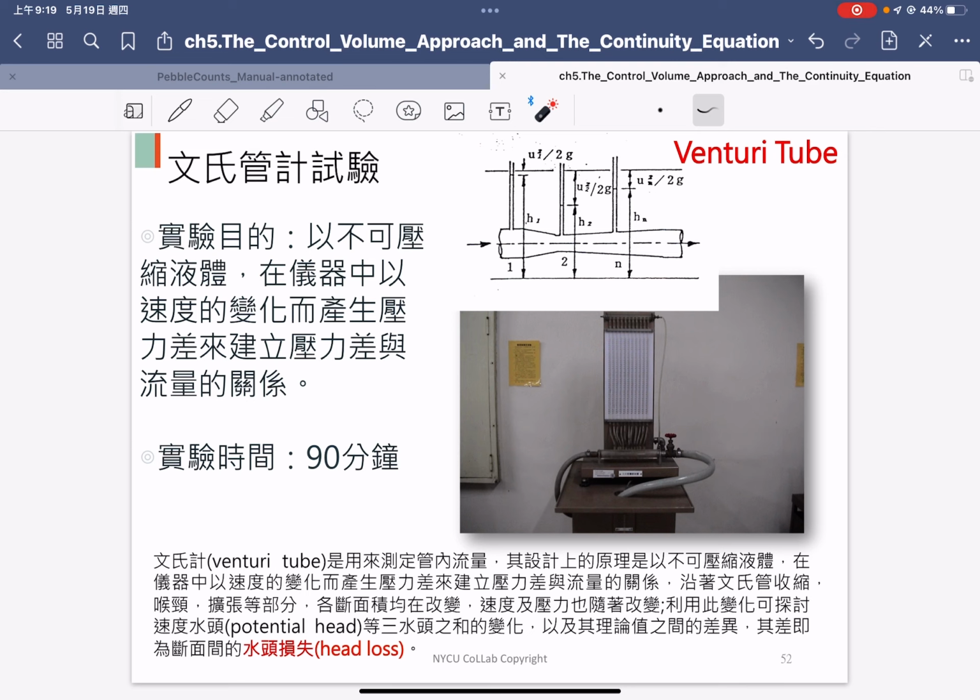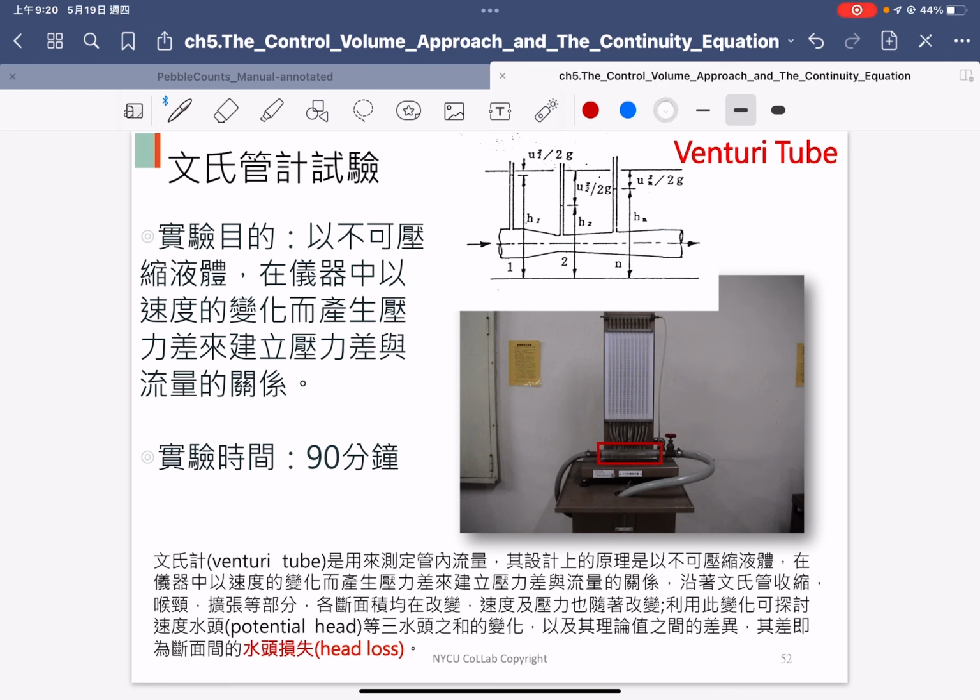Okay, so next semester we have the fluid laboratory experiment related to the Venturi tube. As you can see, you have the Venturi pipe here. So I change the color pen. So you have the pipe, and actually the pipe shown here has different cross-section areas. As you can see in the cartoon figure, the different cross-section areas connect to the pressure gauge.